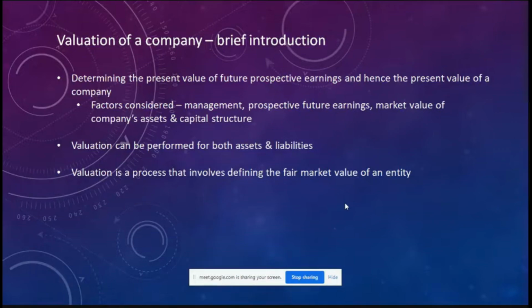Because I don't know what's going to be there. However, I have an estimate because I understand the industry. I understand which environment the company is surviving in. I have a sense of the future outlook. I have understood the company's fundamental basics, and hence I believe that the fifth year 1,000 revenue is doable.